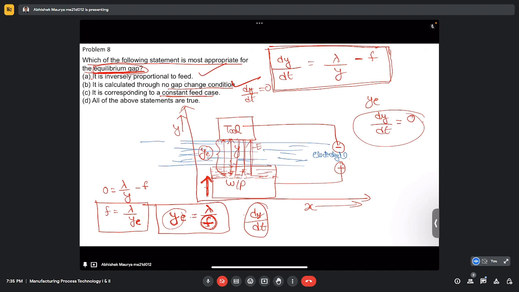Okay, so this statement is also correct. Since all three are correct, the correct option is D. Okay, so any confusion? Okay, if there is no confusion, let's move to the next problem.